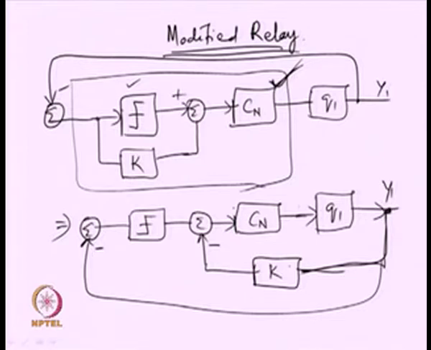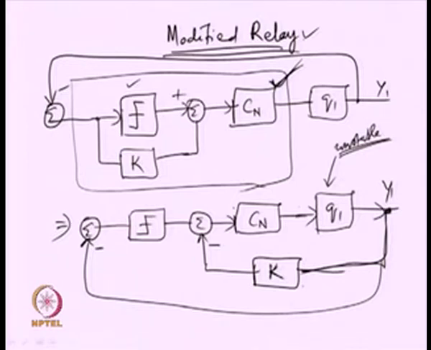So, an additional advantage of going for this modified relay is that since we have got an inner feedback controller now, if Q1 is unstable or having its poles located in odd positions, they can be relocated at some suitable positions with the help of K.